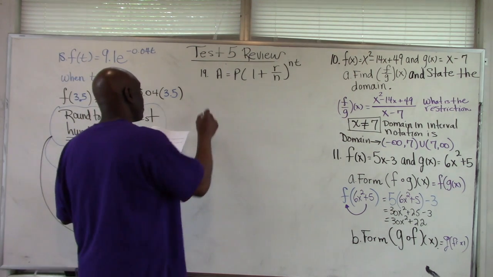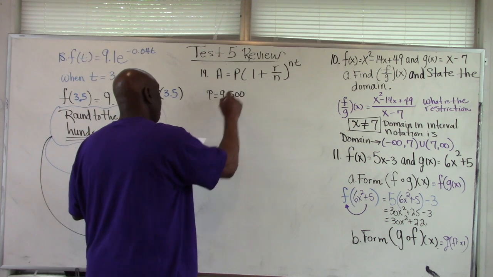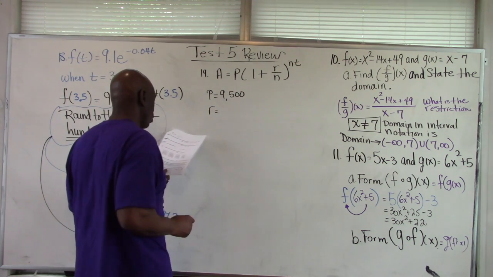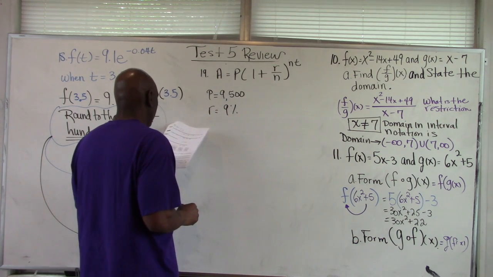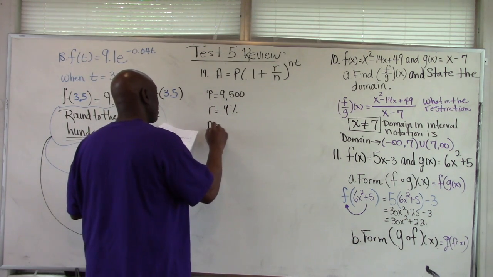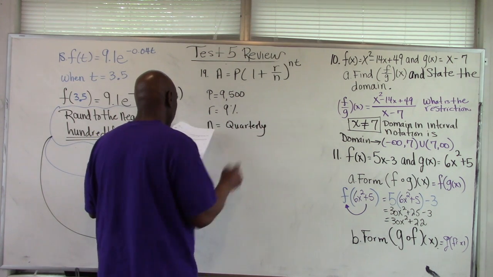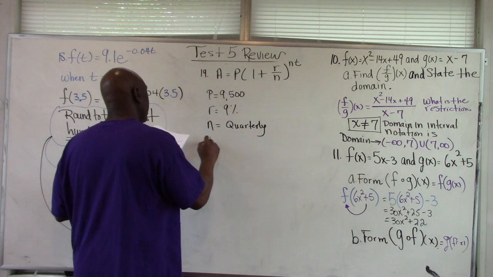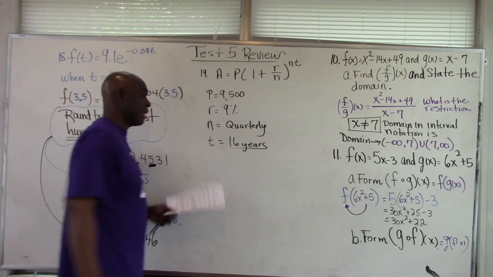P is 9,500. R is 9%. N is quarterly. And time is 16 years. Alright guys, there you go.